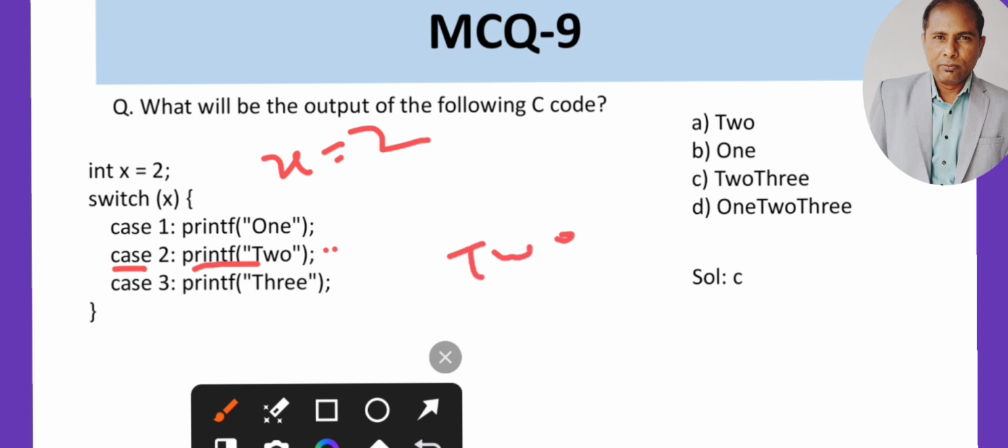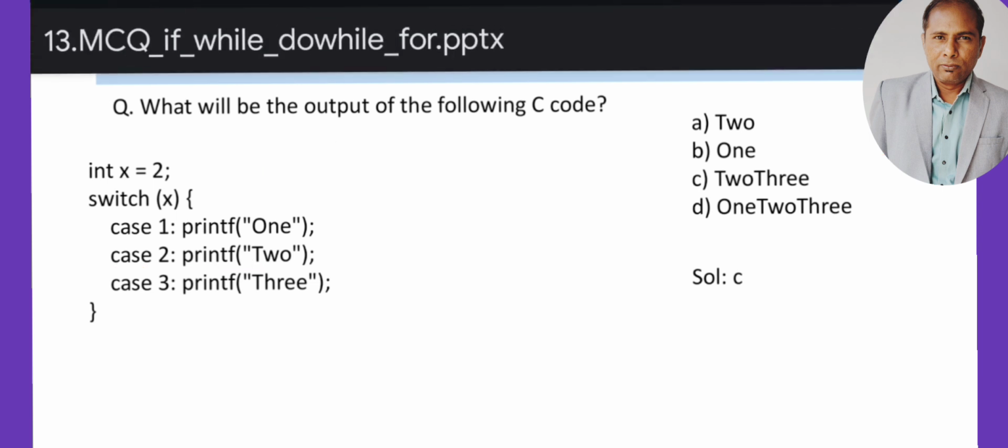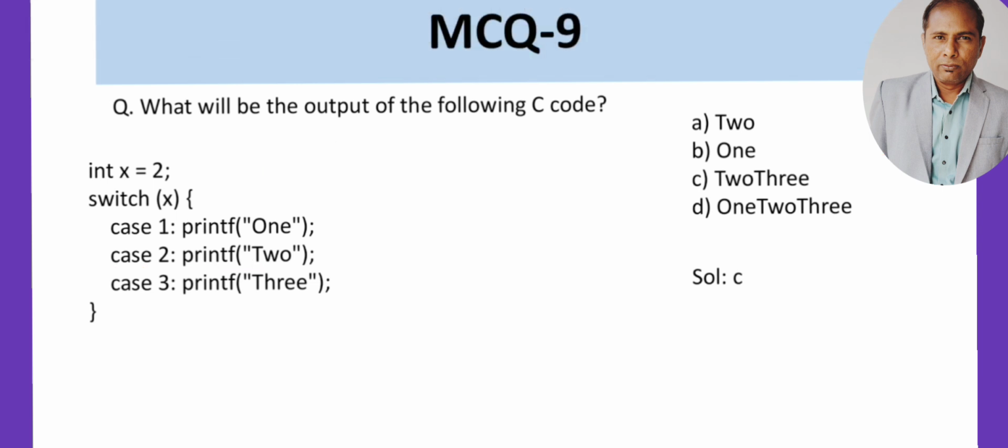So it will also go into case 3 and print 3. So I think C is the correct answer, it should print 2, 3. If we use break before case 3, then it will print only 2. Since break is not present here, it prints both cases.